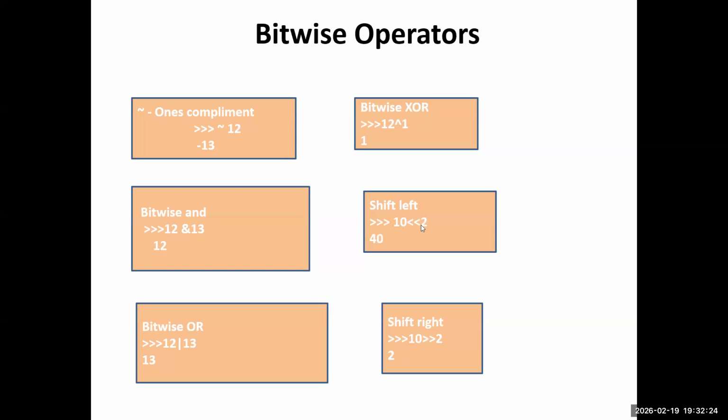I have mentioned moving two positions left and two positions right; you choose how many positions you want to move the bits for a given value. So this is nothing but shift left and shift right. Do we have any doubts about the bitwise operators?